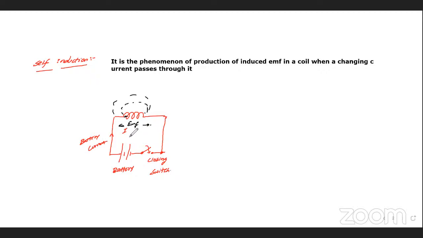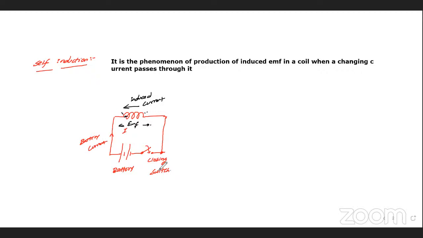Because the EMF is induced across this inductor, current flows, and that current will be your induced current. That current will be flowing in the opposite direction. So when the switch is closing, the induced current will be flowing in the opposite direction. Remember, it is your induced current because of the flux through this inductor.